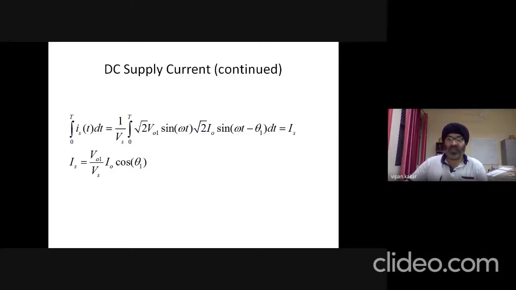And after solving this integral, we can easily find out the value of this supply current due to the contribution of fundamental component of voltage at the output.